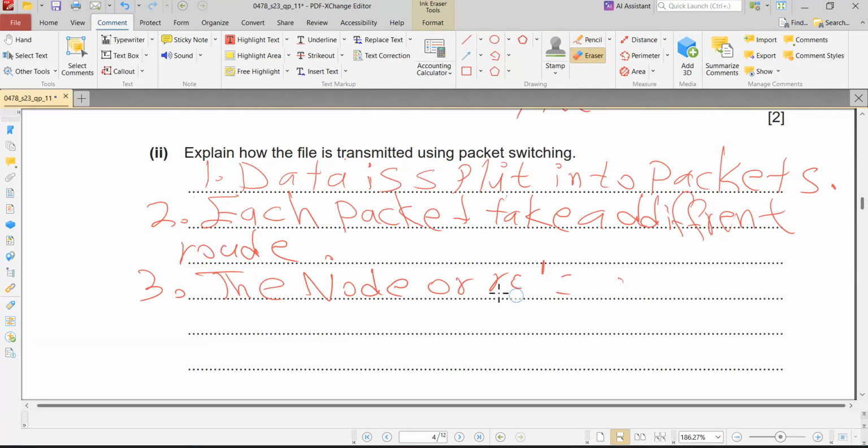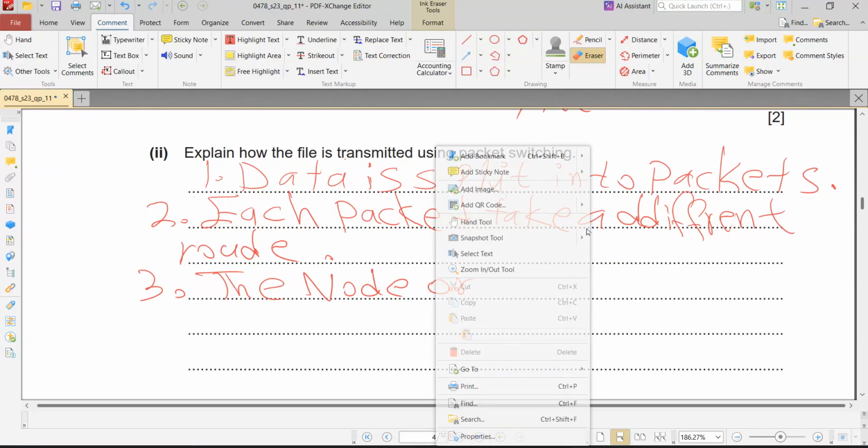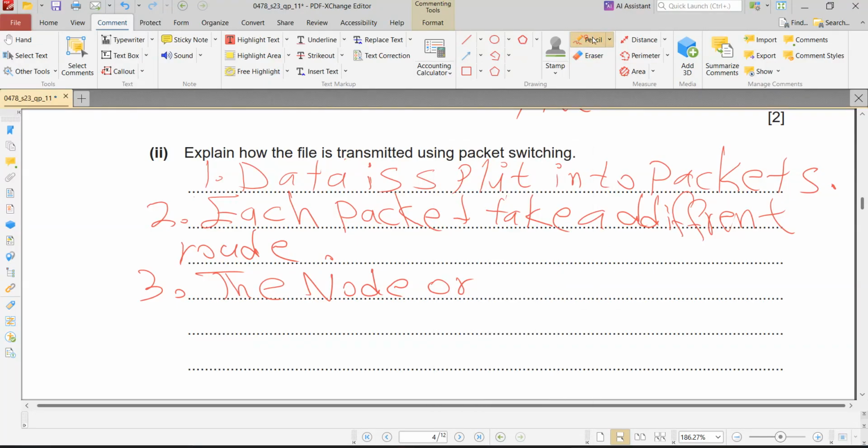We call it the node or the road controller.